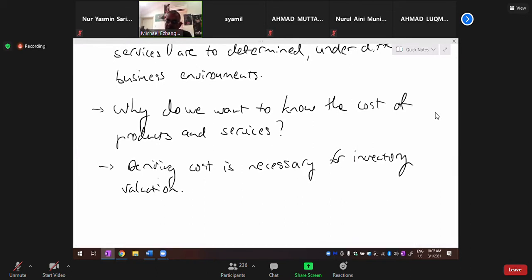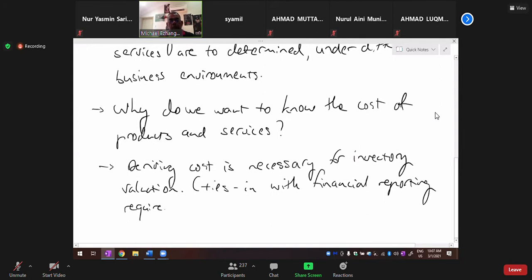Simply because for inventory valuation purposes, this ties in with financial reporting requirements. All right. This is the part where costing, all right, costing links up with financial reporting. There are different fields of study, but there are certain areas where they overlap, and costing is one area where they overlap. You understand what I'm saying, right?